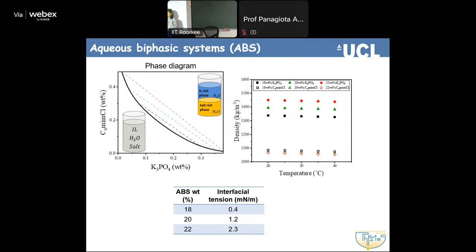Concentration is not an issue. What I'm asking is the amount of the individual phase. Let's say both should be 50-50%. How did you ensure that both should be 50-50 or 40-60? No, that's what I'm saying. These are two different things. Initially, I put in 18% by weight ionic liquid and 18% by weight salt.